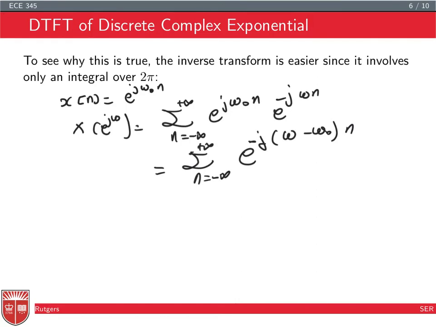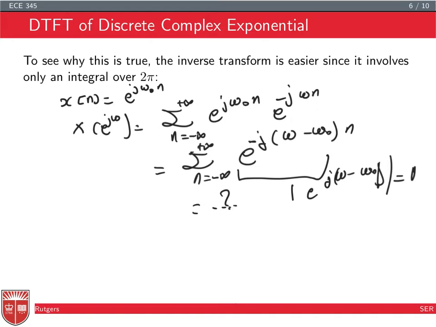And now you would think that this is a geometric series. However, the norm of this term is equal to 1, so it's not clear that this is going to converge. I cannot apply the geometric series here.